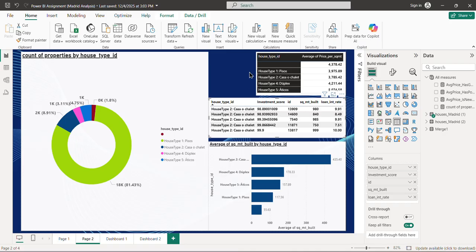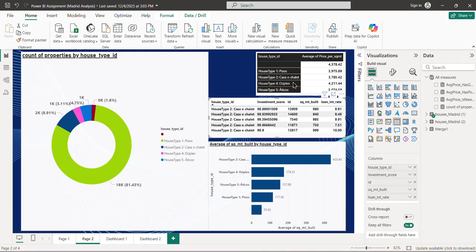And we have another chart of house type with average price per square meter. If we see, just disregard those blank areas. If we see the house type of Pisos, the average price per square meter is 3,975, and Casa or Chalet is 3,785, and duplex is 4,000.